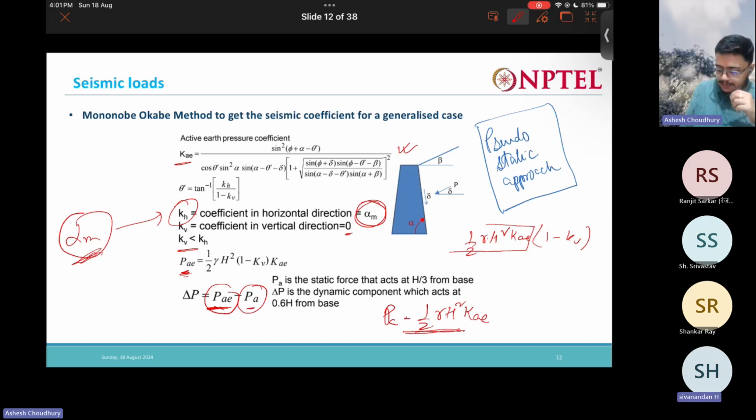So PAE minus PA will give the extra dynamic component that is actually acting. PAE includes both earthquake plus static, and PA is only static. So if you subtract these two, you will get only the dynamic part, that is this delta.